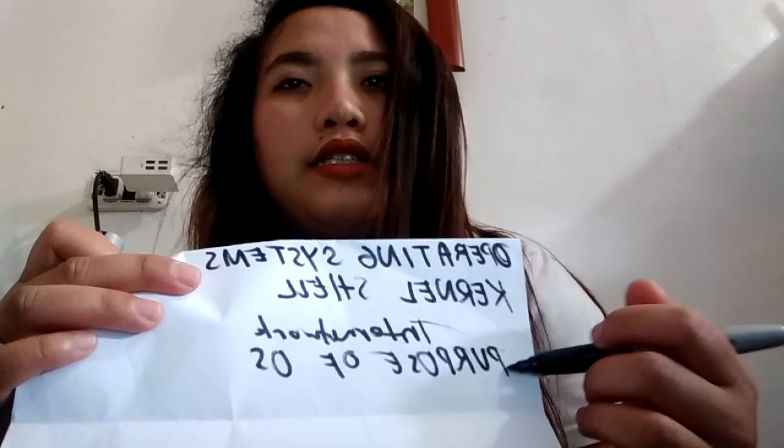So, we are going to discuss the purposes of operating systems. Network operating systems are similar to PC operating systems. Through a GUI, a PC operating system enables the user to use a mouse to make selections and run programs, enter text and text-based commands, and view output on a monitor.